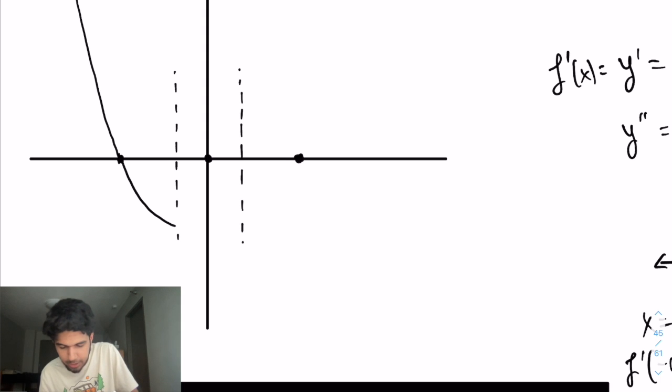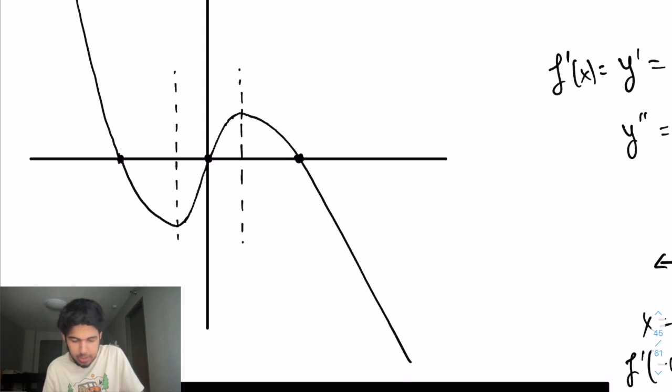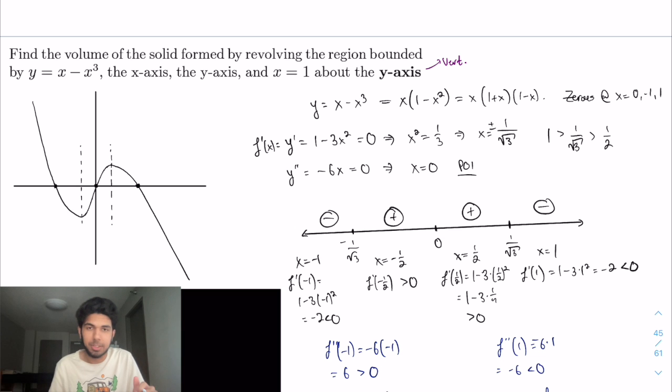Remember, we're concave up. And then we hit 0. We're still going positive because it has a positive tangent line. But now we have to switch to being concave down. And then at this dotted line, we switch our slope and then continue downwards. So this is roughly what the graph looks like.